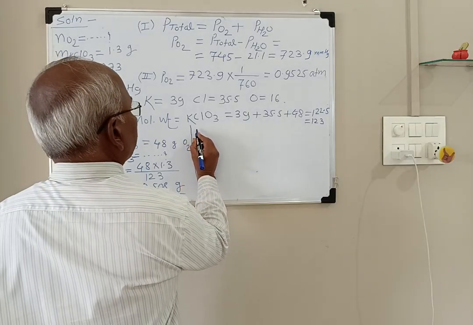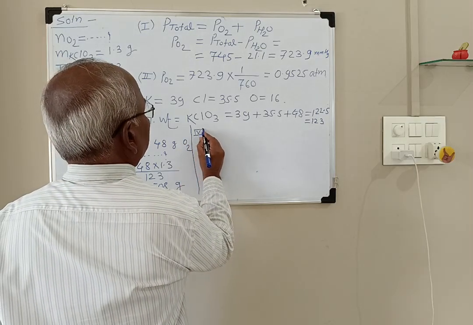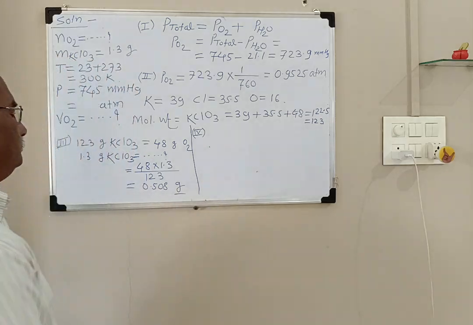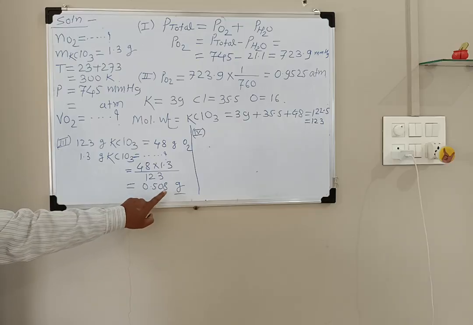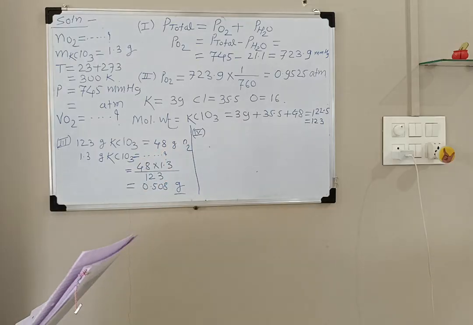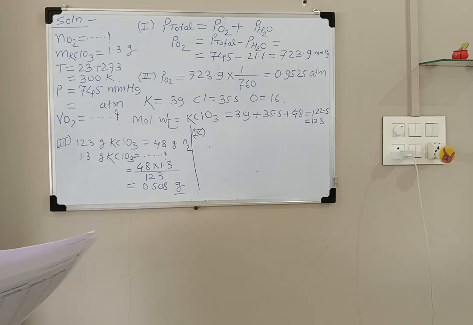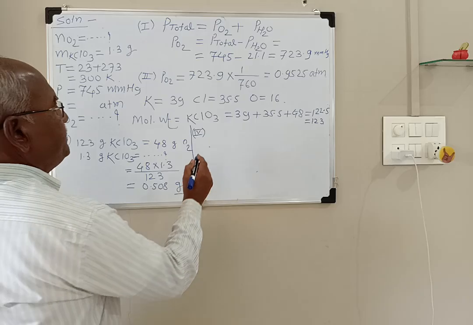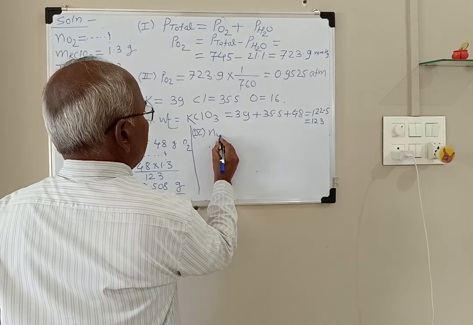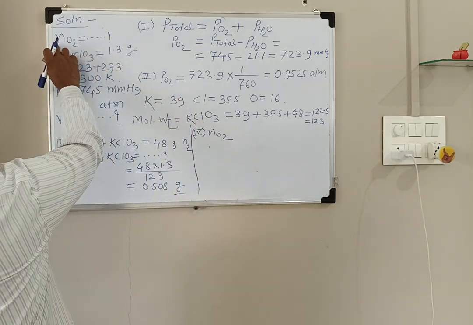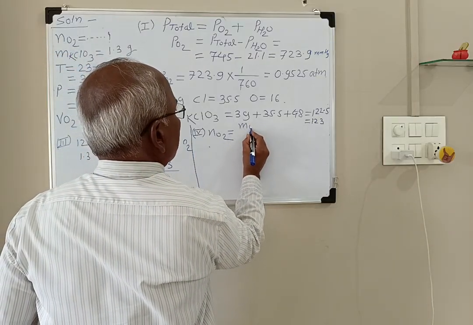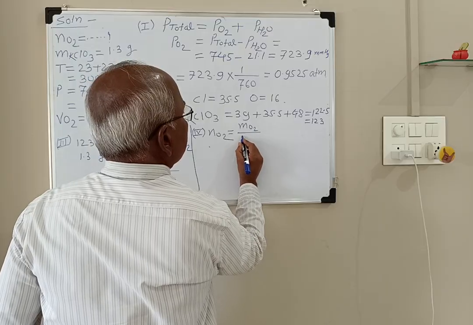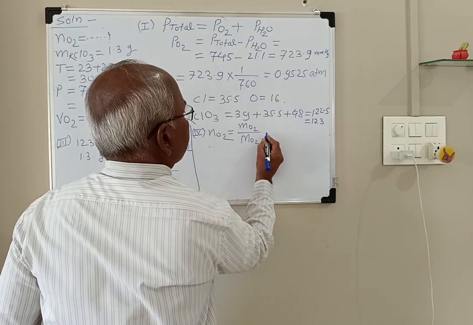Fourth step: this much gram of potassium chlorate produces this much oxygen. So now calculate the number of moles of oxygen. I write here n of O2, which we are going to calculate. That is equal to mass of O2 divided by molar mass or molecular weight of O2.